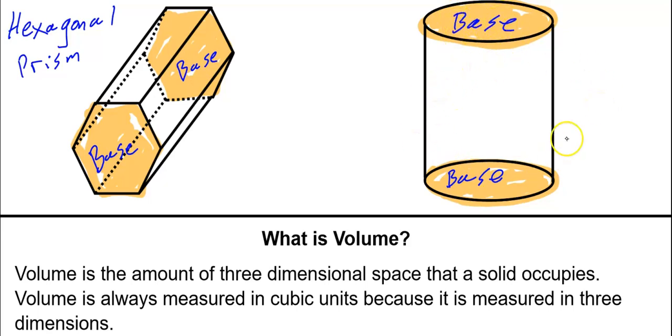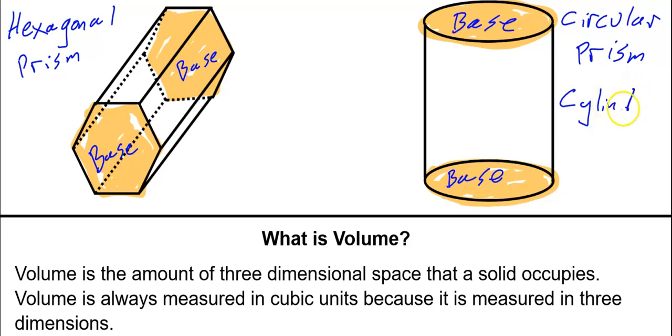It's one giant rectangle that wraps around this whole can. You can call this a circular prism, nobody will, but it could be classified as one. But the more common and the better name is cylinder. The ones that look like soup cans or soda cans, those are cylinders.